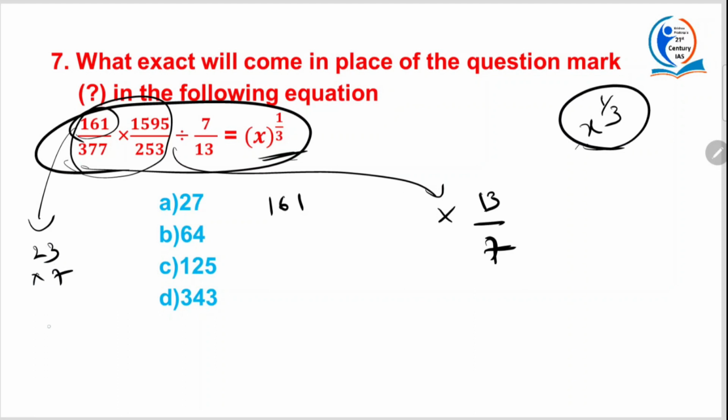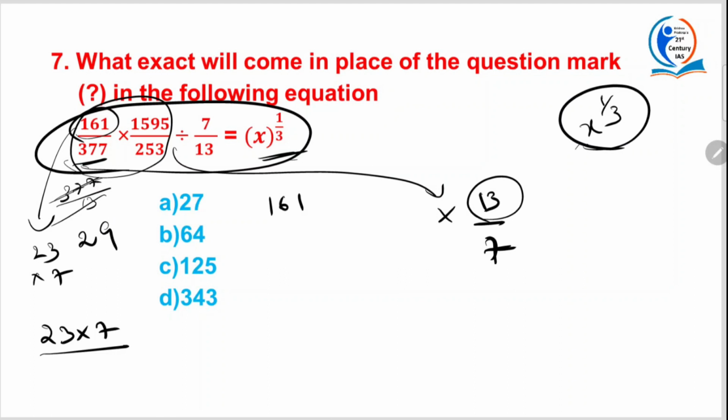Okay, so 161 should be written as 23 into 7 by this 377. Can it be written in terms of 13? We are just checking for easy calculation purpose. Yes, 13. If I write 377, 13 ones, no, 13 twos are 26. So 26 and 117.